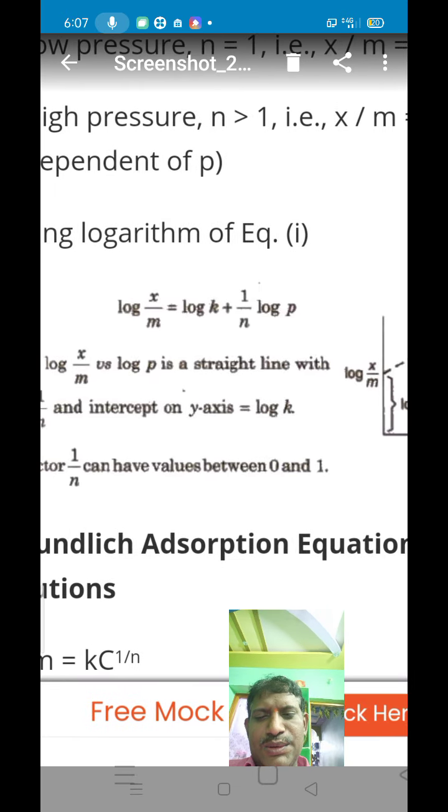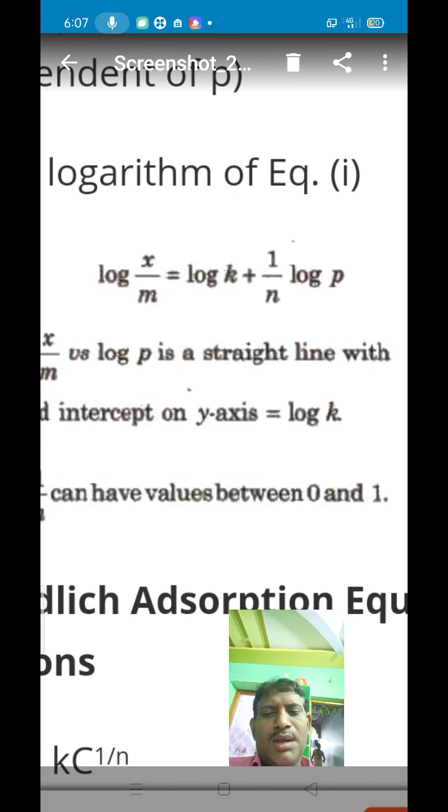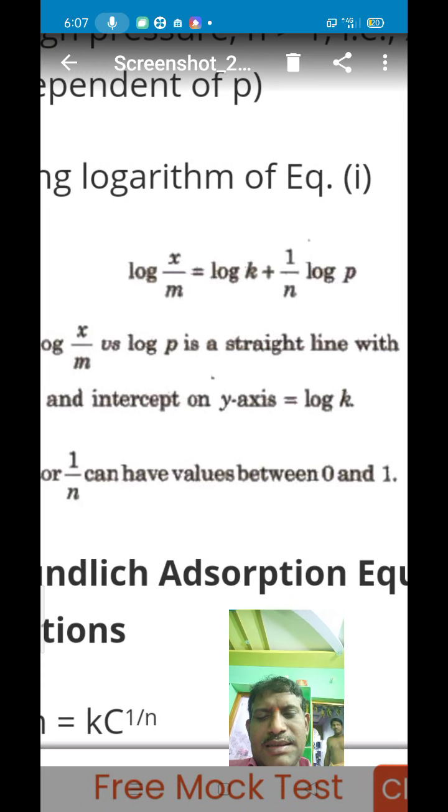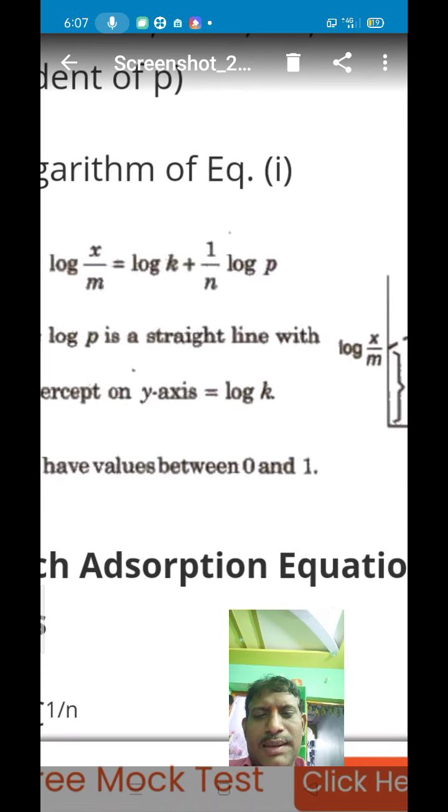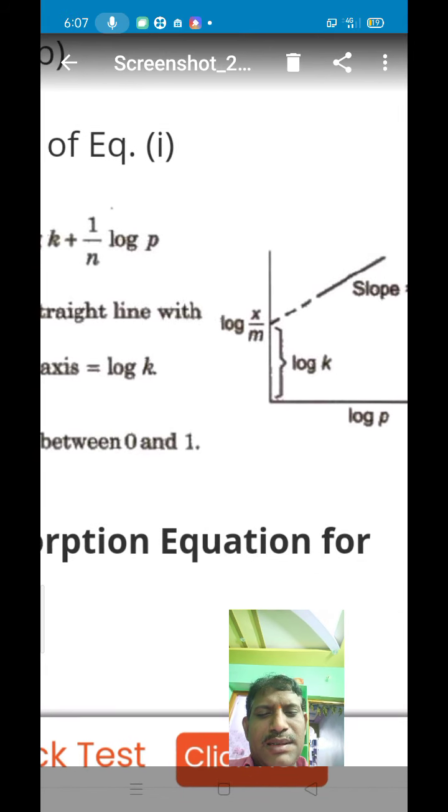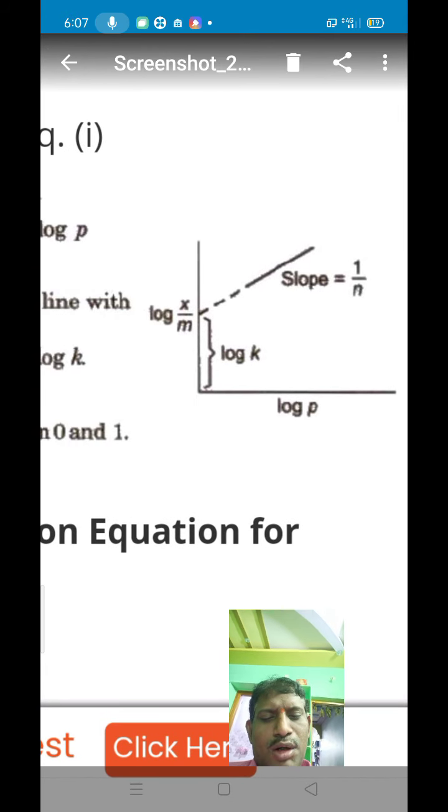Log x by m is equal to log k plus 1 by n into log p. It is similar to y is equal to mx plus c. Log x by m is taken on the y coordinate and log p is taken on the x coordinate. It gives a straight line.